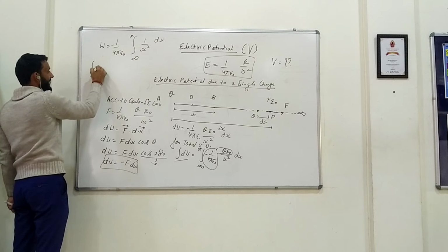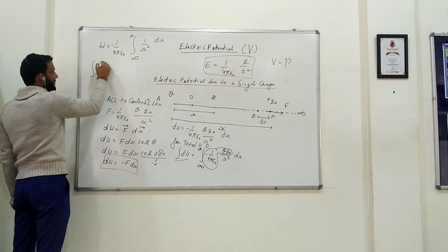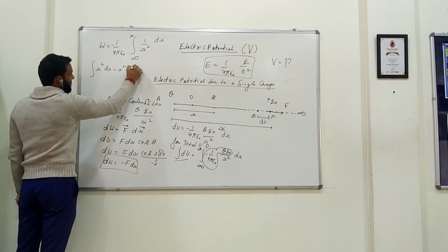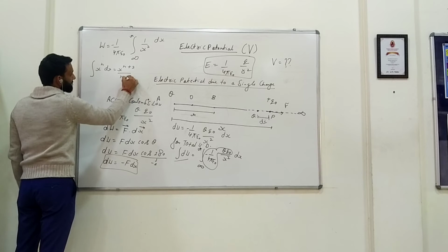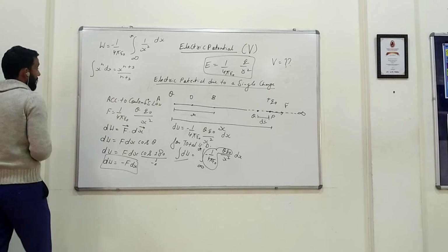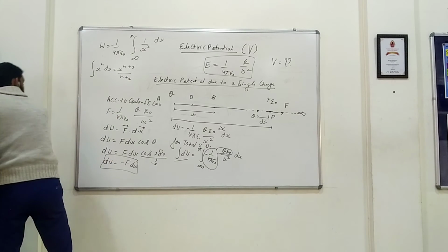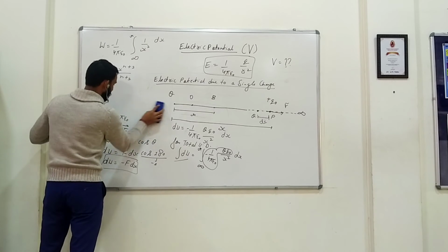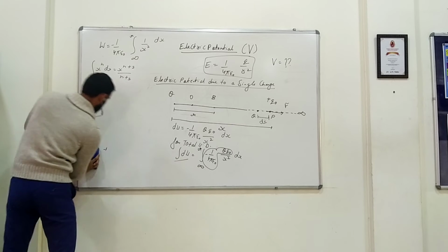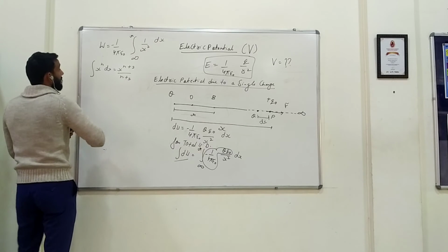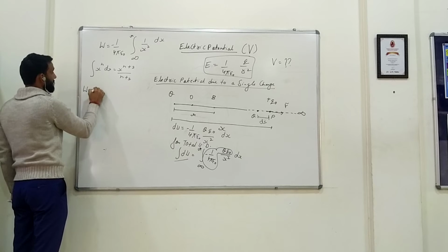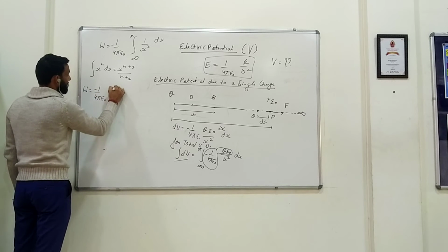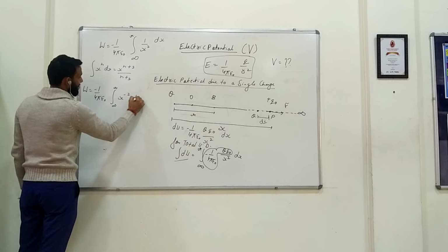The integration of this can be done as integral of x to the power n dx is equal to x to the power n plus 1 upon n plus 1. This I can write as W is equal to minus 1 upon 4 pi epsilon naught, infinity to r, x to the power minus 2 dx.